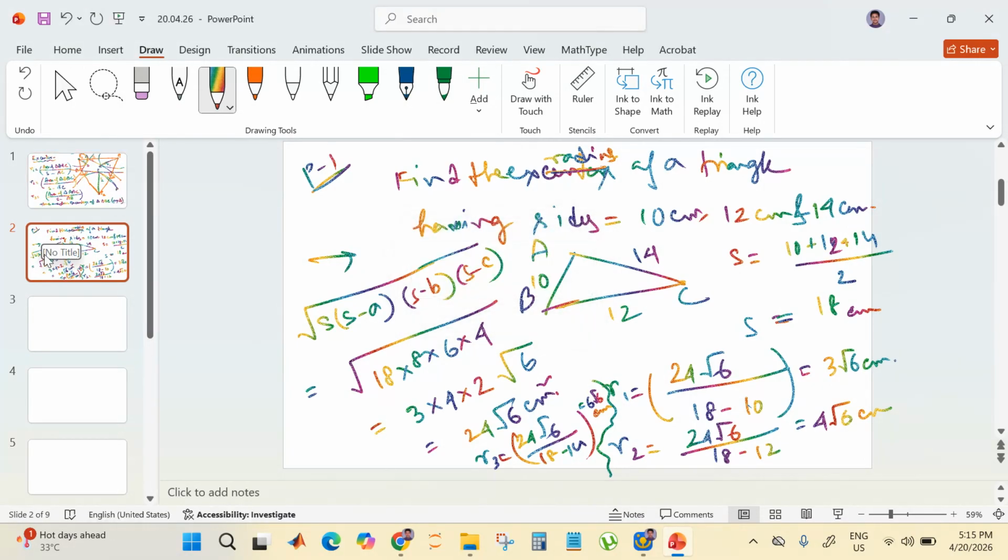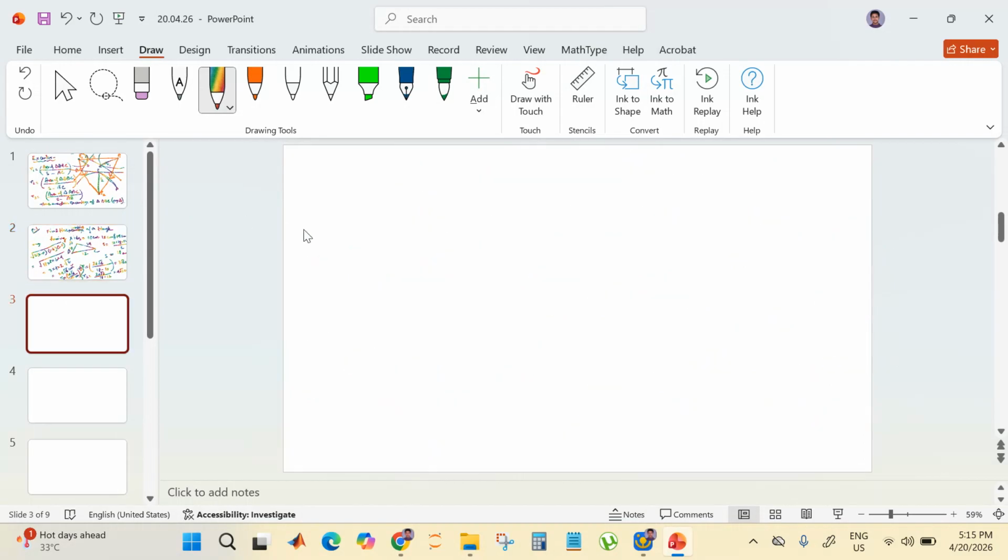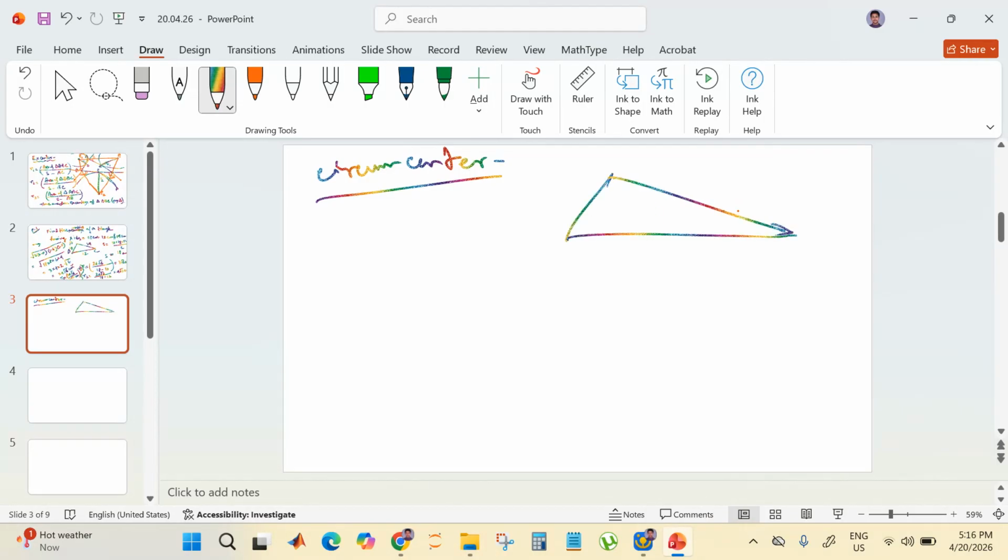Next, circumcenter. We have already studied incenters and excenters. So next one, circumcenter. Circumcenter means if you draw a triangle, suppose a triangle, again it is ABC, then perpendicular bisector.